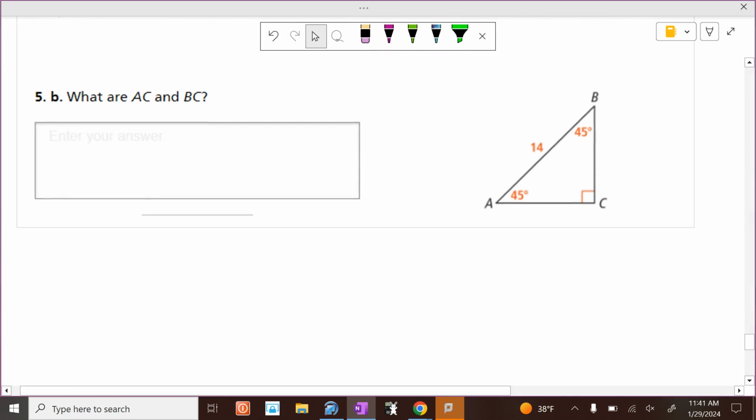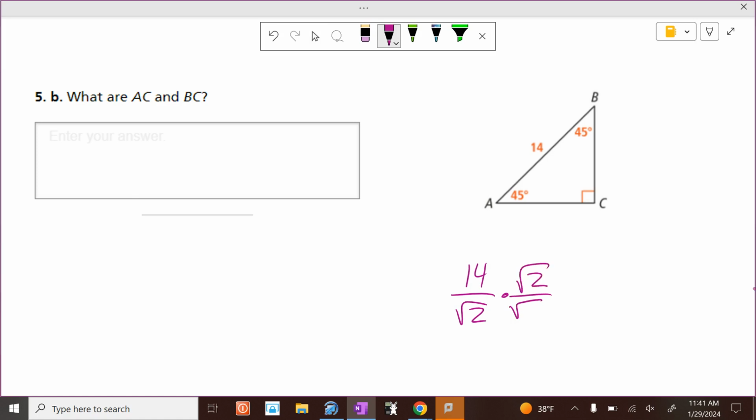Okay? This one's not that bad, but we still have to have fractions involved. This is 14. How do we get to the side? Divide by what? Square root of 2. So you multiply top and bottom by square root of 2. So it's 14 square root of 2 over 2, which is 7 square root of 2.